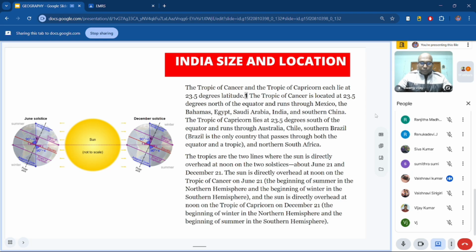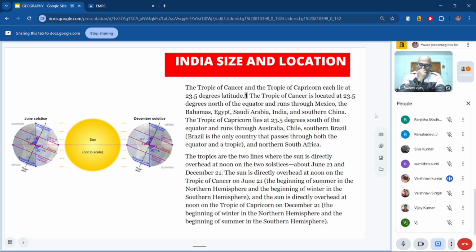The tropics are the two lines where the sun is directly overhead at noon on the two solstice days, about June 21 and December 21. The sun is directly overhead at noon on the Tropic of Cancer on June 21.